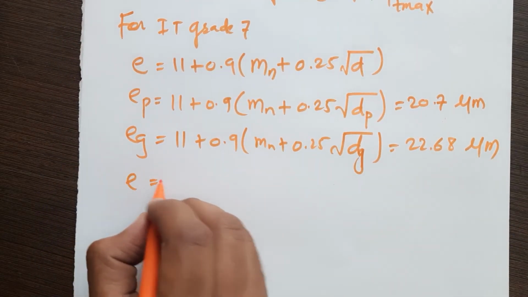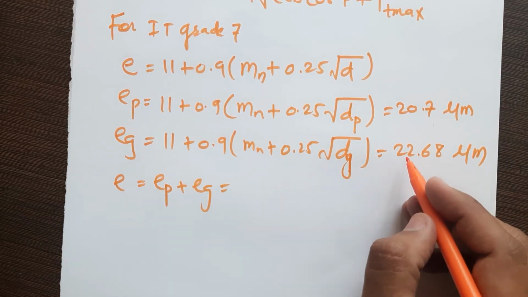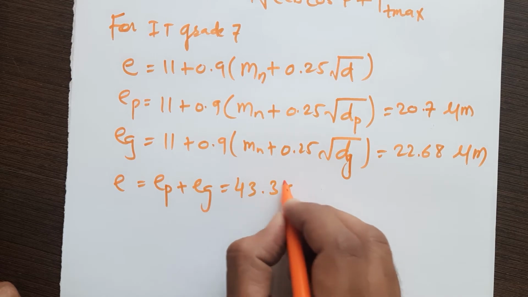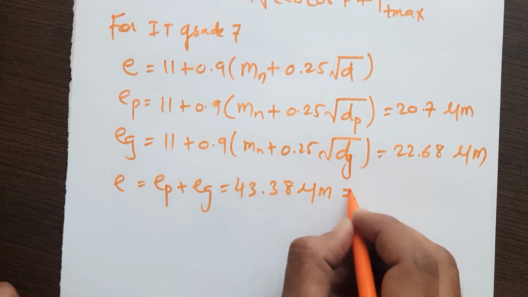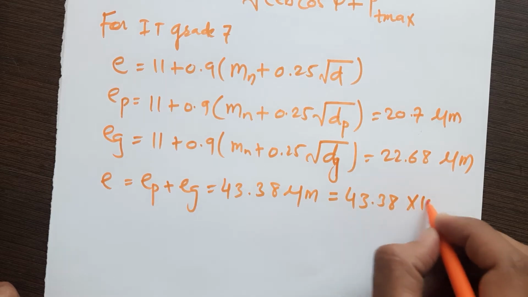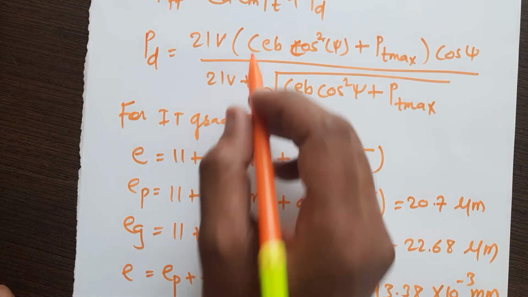The sum of pitch errors is EP plus EG, which gives 43.38 micrometers. Converting micrometers into mm, 43.38 into 10 raised to minus 3 mm. So this is E.